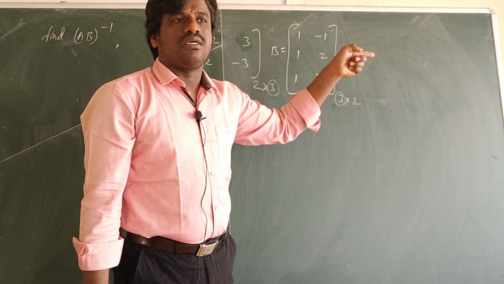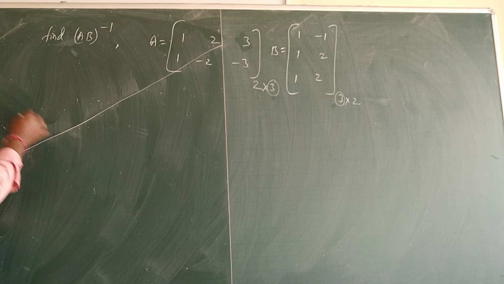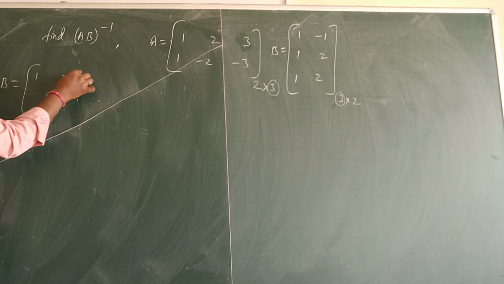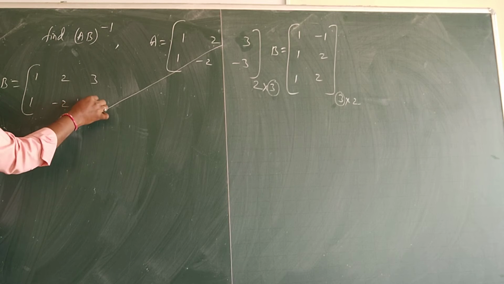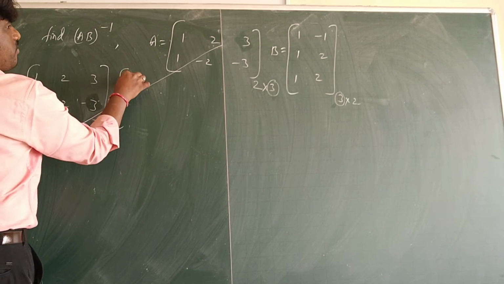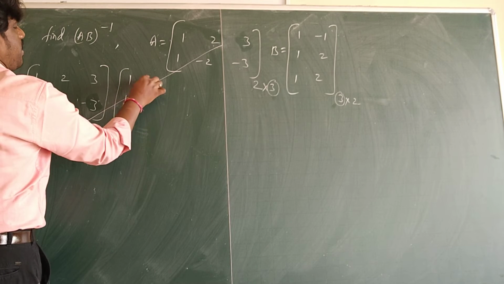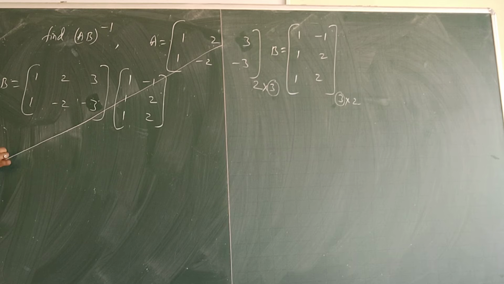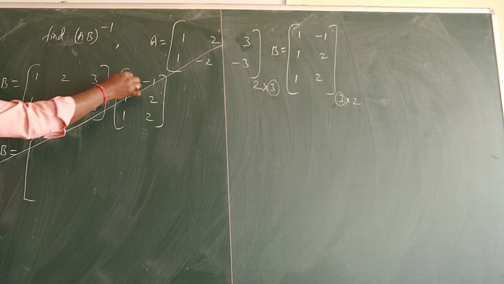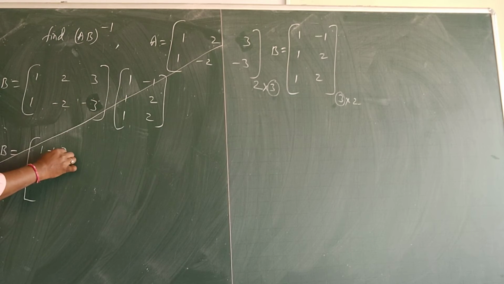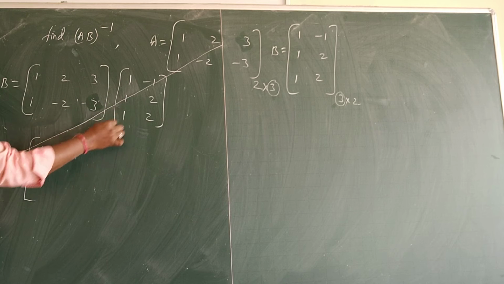Now AB is equal to what? A into B. A is 1, 2, 3, 1, minus 2, minus 3, and B is 1, 1, 1, minus 1, 2, 2. Let's multiply now. AB is 1 into 1, 1 plus 2 into 1, 2 plus 3 into 1, 3.